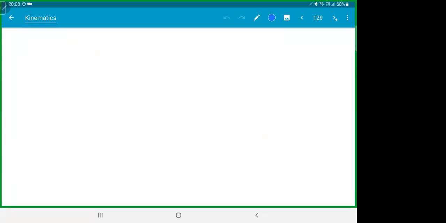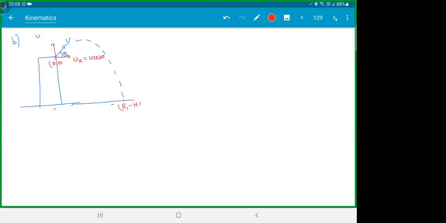Next one, see. This thing, when you throw up with u and theta, the idea is the same. You're going to land somewhere here. This would be 0, 0. This would be r, minus h. ux is u cos theta. uy is u sin theta.